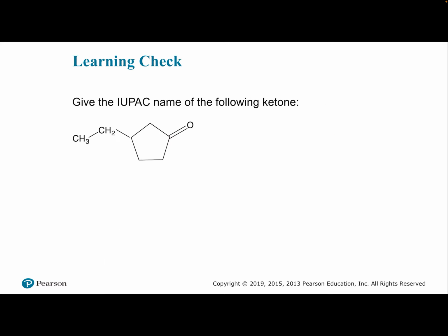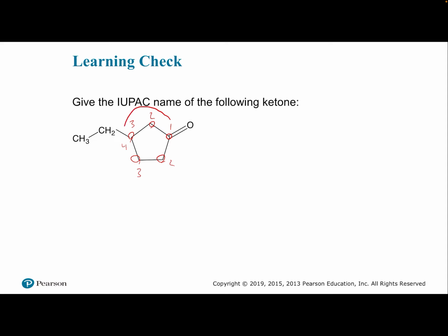Another learning check. Give the IUPAC name of the following ketone. So this is a cyclic compound. So go ahead, pause it, give it a shot. So this one here is 5 carbons long, right? So cyclopentanone, and then you have 2 options, 1, 2, 3, or 1, 2, 3, 4.